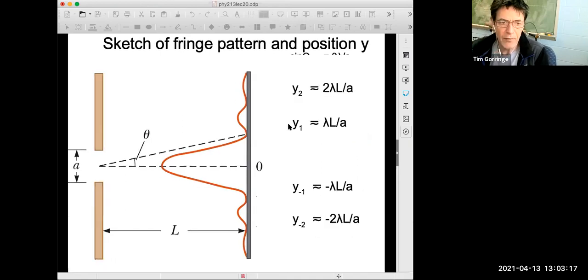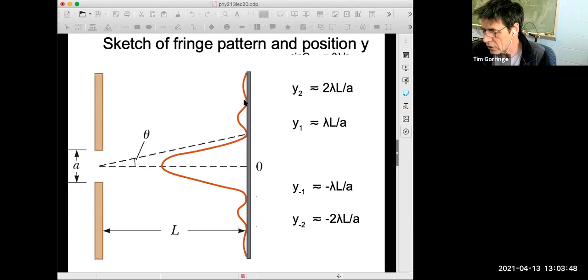Here's the same sketch. Light impinging on a slit, slit width A, the slit to screen distance L. But now we're using the equation for the positions rather than the directions of the dark fringes. So again, we're talking about the first order dark fringes just here on the screen and just here on the screen, immediately above and below the bright maximum.